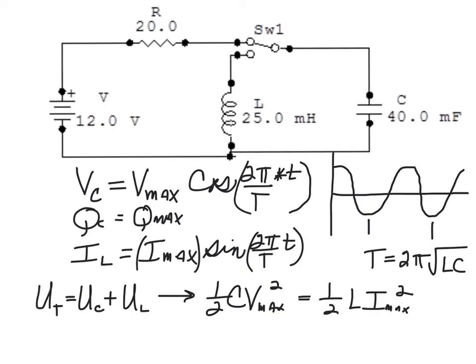So remember, there's no resistance in this circuit, and so it's going to oscillate indefinitely, the idealized circuit. Energy in the beginning is all on the capacitor. There's no current. So the energy in an inductor depends on the current. The energy on the capacitor depends on either the voltage and the charge. Remember, this can be written as 1/2 Q squared over C. That's also equivalent.